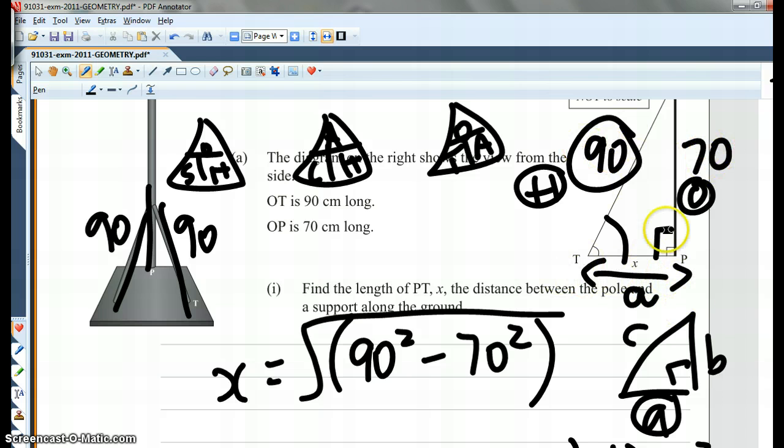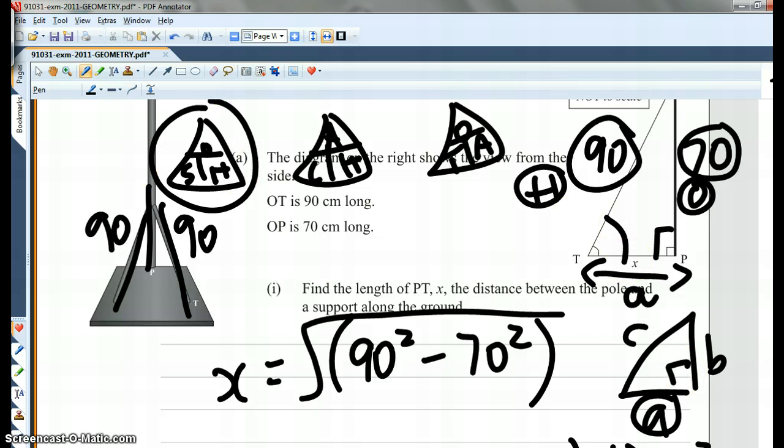We might as well work with what we've got. We don't need it, we don't have it. So you could have used A, but it's better to use ones that you're given rather than ones that you've calculated. It's just safer. So our opposite, we're looking at SOH.